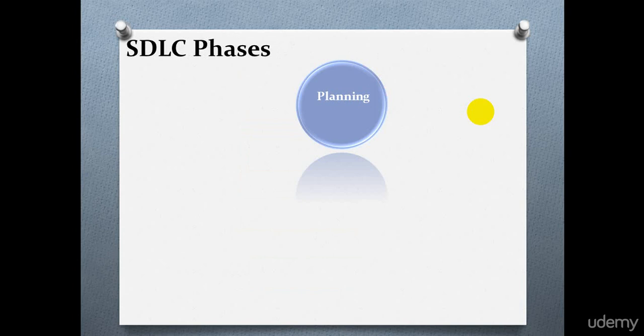The first phase of SDLC is the planning phase. In this phase, business value of software is evaluated to check if the user really needs the application. Estimate the project cost and return of investment.